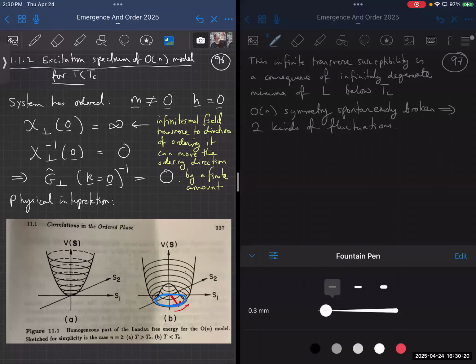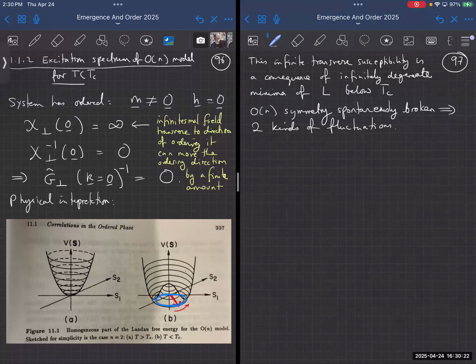And so we're going to look at those separately. So these two different kinds of fluctuations are fluctuations in the direction of ordering, and I can have fluctuations transverse to the direction of ordering.